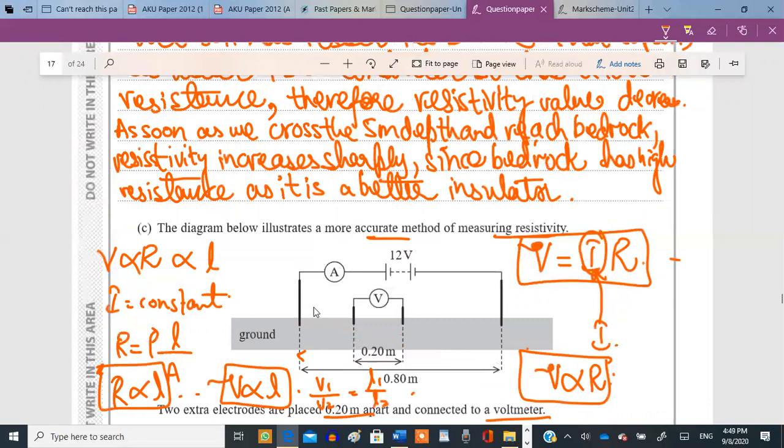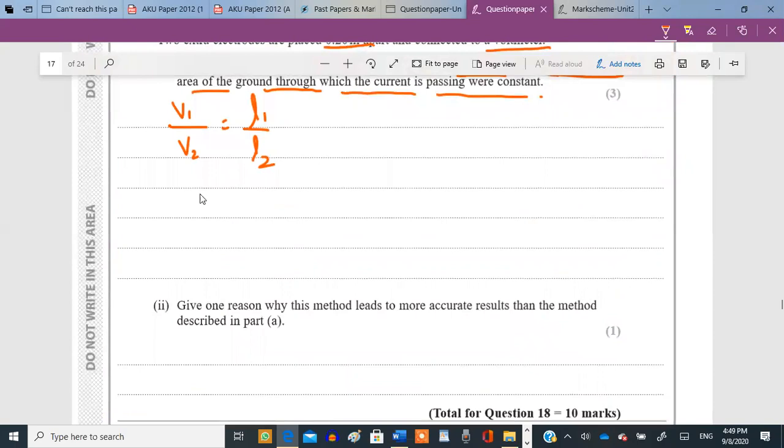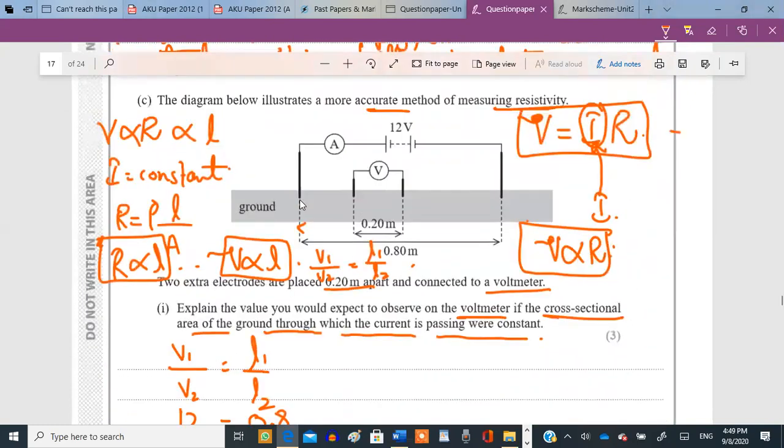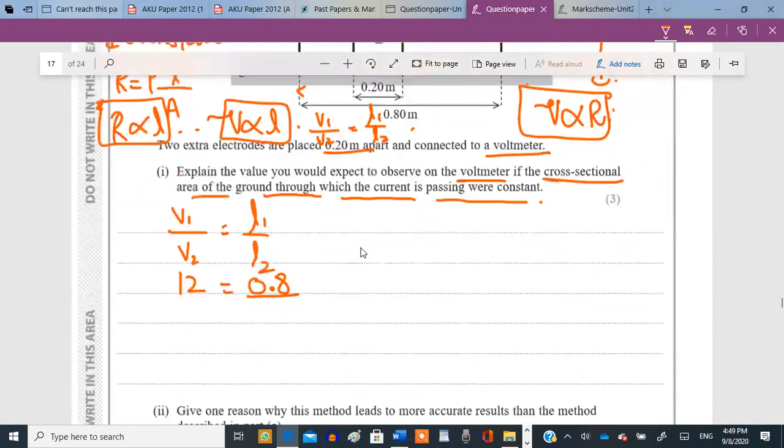If V1 upon V2 is equal to L1 upon L2, then what is the value for V1? If you look at this part, for the entire length of 0.8 meters, the voltage applied was 12 volts, right? 12 volts was applied for the entire length of 0.8 meters. Then if the length is reduced to 0.2 meters only, what would be the voltage across that point is what we need to calculate, right?